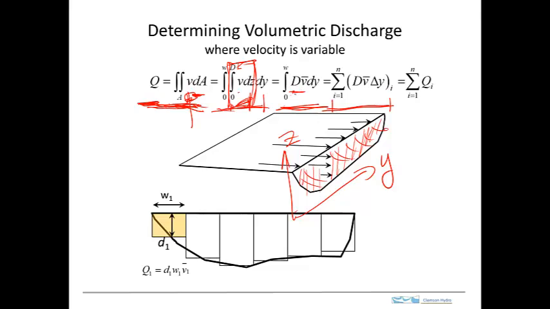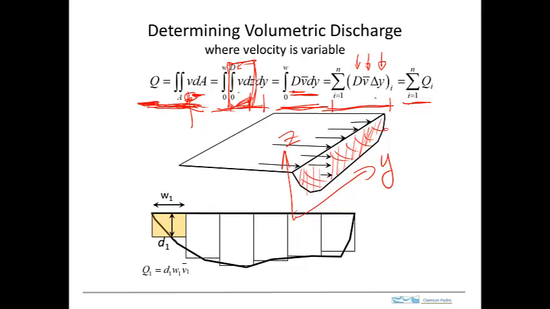We're going to take this thing, which is a formal integral, and approximate it by taking the depth, the average velocity, and a little incremental width. If I do that, then I will get an incremental volumetric flow rate, and then I add them all up and I get the total flow rate. Okay, so here's the way it's going to work.